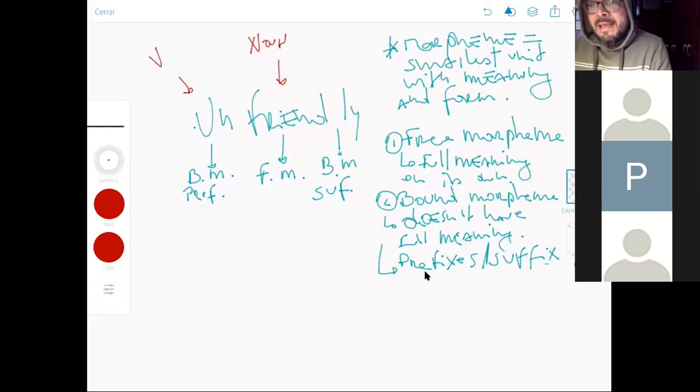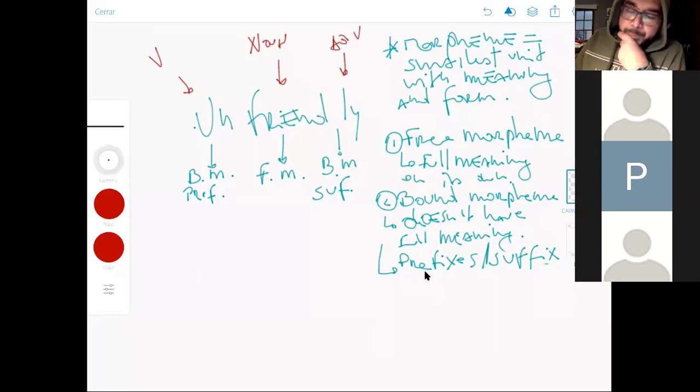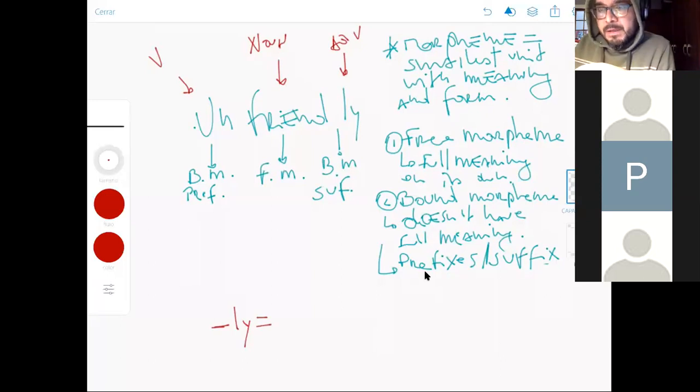Now, what happens if I say unfriendly? The result is not a noun, nor a verb, it's an adverb. Therefore, the usage of this bound morpheme will create a change in the word class of the free morpheme, which is called derivation.